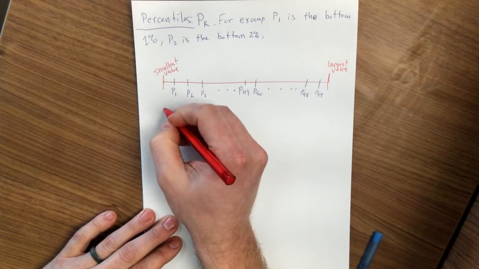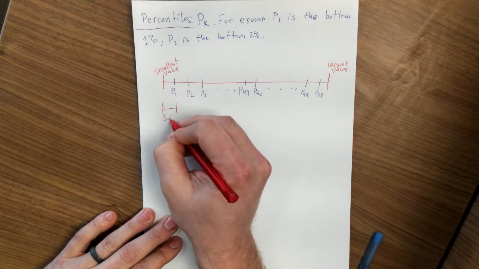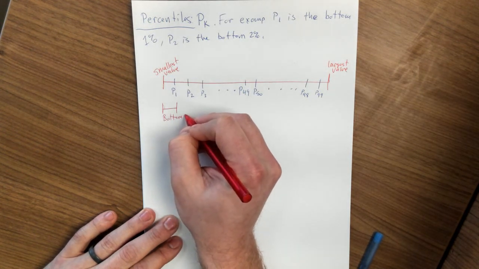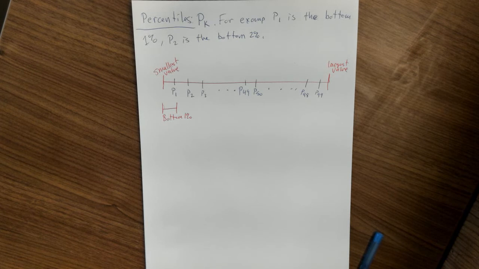So if you were in this range from here, that means you're in the bottom 1%. And this can be applied to, you hear it a lot when children are born or as children are growing up. You hear their weight and their height and their head size in terms of percentages.